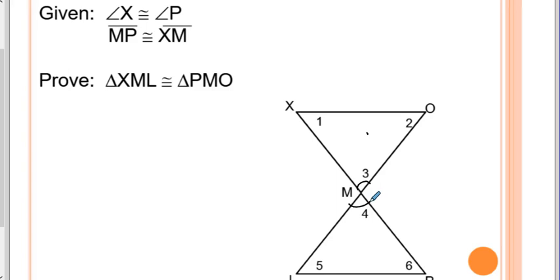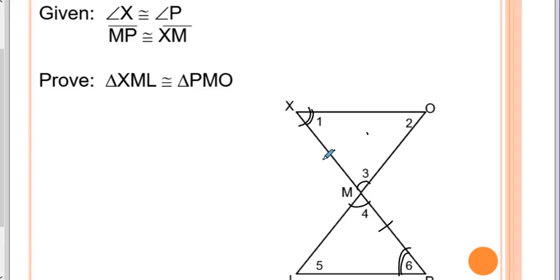Now, what's given to us? X and P are congruent, so we can mark angle 1 and angle 6 with 2 arc marks. And then we're given MP, which is right here, is congruent to XM, which is right here.